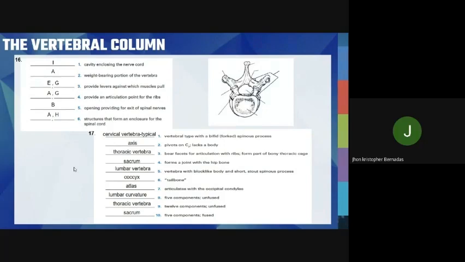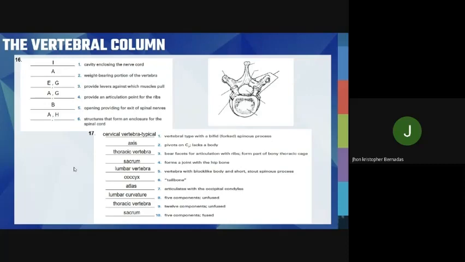Number three, provide levers against which muscles pull, and the answer is E and G, which is spinous process and transverse process. Number four, provide an articulation point for the ribs, and our answer is A and G, which is body and transverse process.